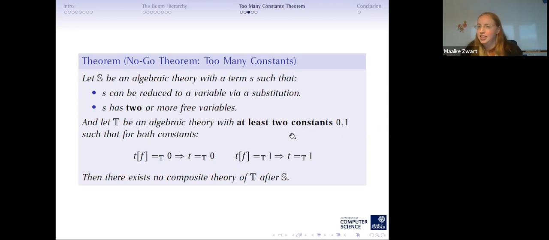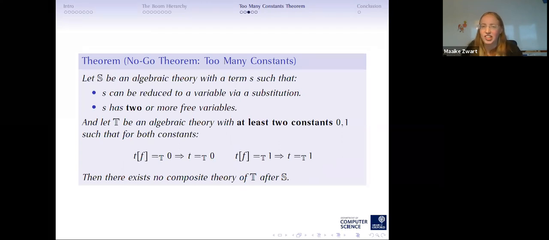Too many in this case is two or more. And both of these constants need to satisfy this slightly technical property. If we have these simple conditions, then there exists no composite theory of T after S. And that means if you look at the monad side, then there are no distributive laws for the monads presented by these theories.